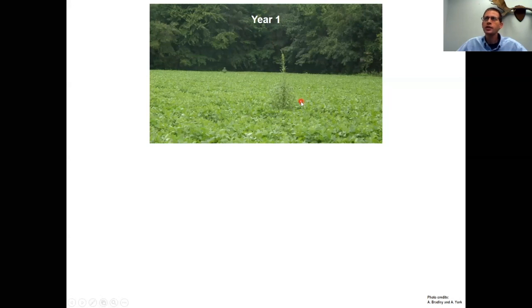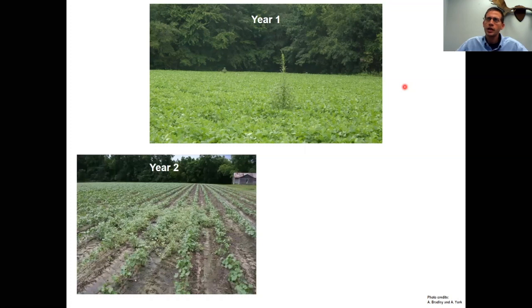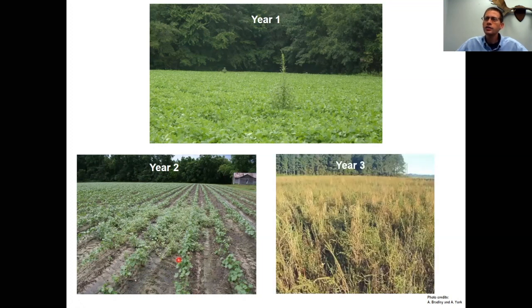So that one plant, you sprayed it with Roundup and it doesn't die. Now, don't worry about it. However, next year, that one plant produced seed and you have even more Palmer amaranth in your field. The following year, you allow those plants to produce seed, and this is what you get.